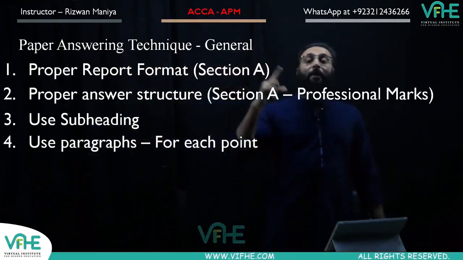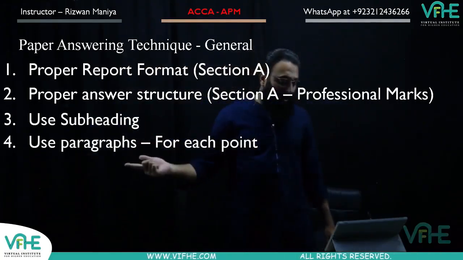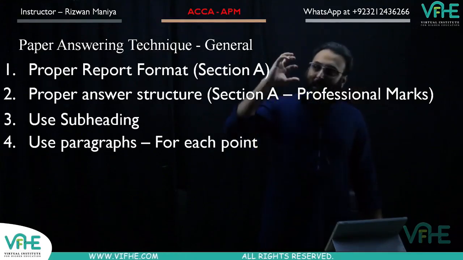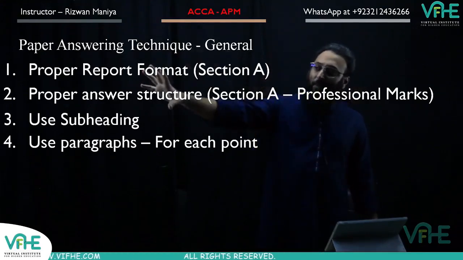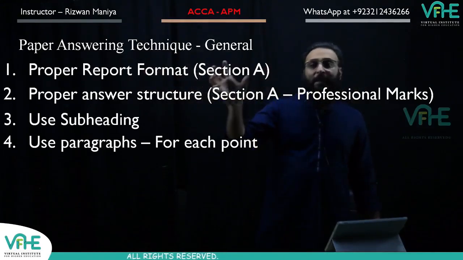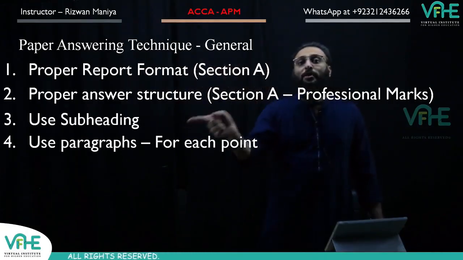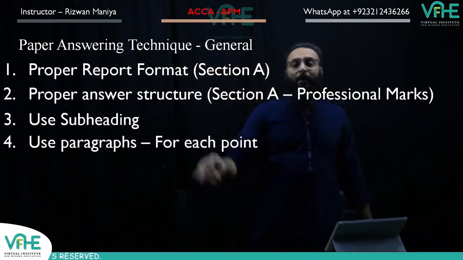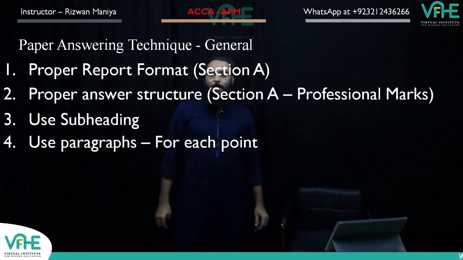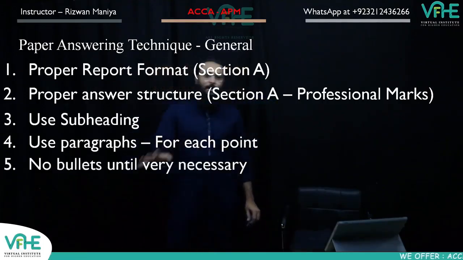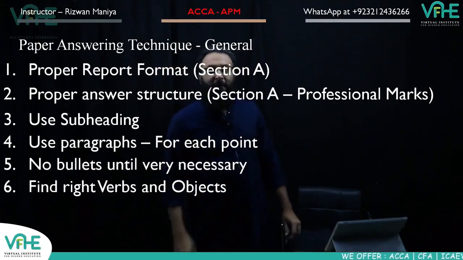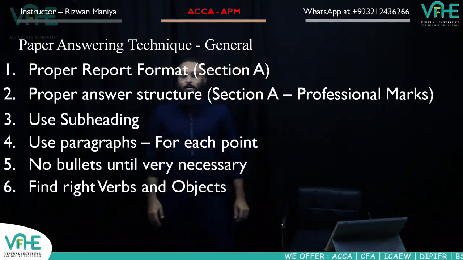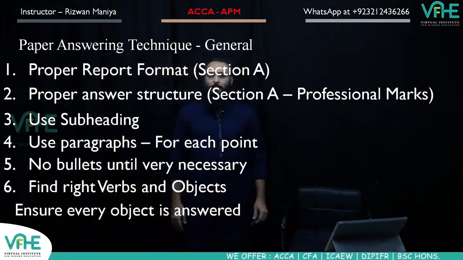The examinable verb and objects, everybody knows what verb is, what objects are. Find different verbs in one requirement, find different objects, and for objects use subheadings and write those in paragraphs. No bullets. Find verbs and objects.